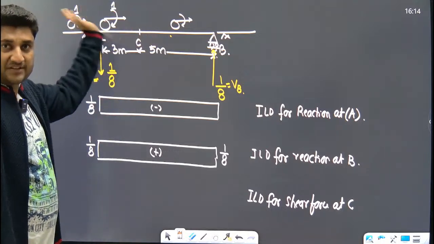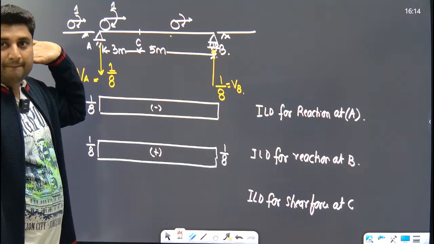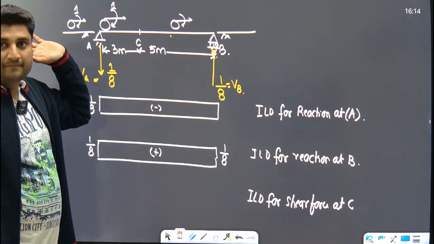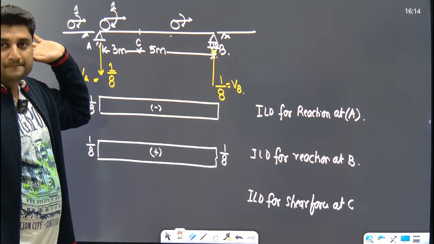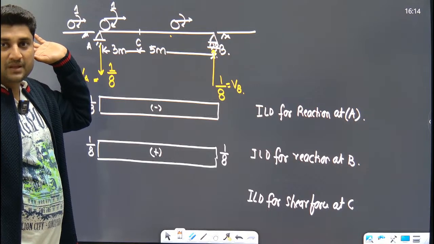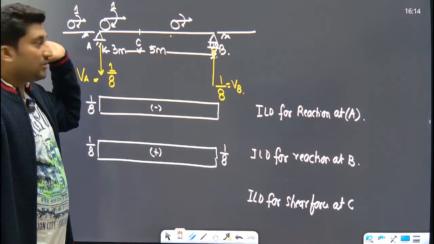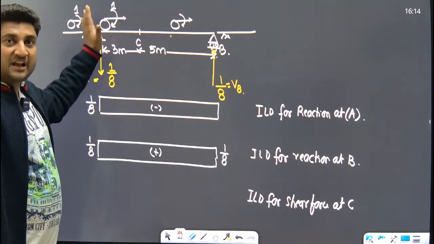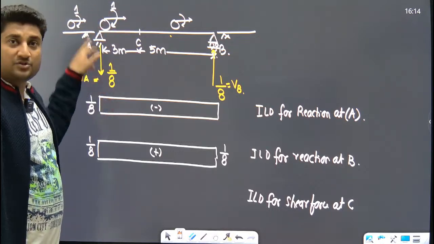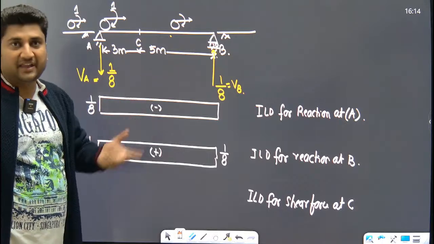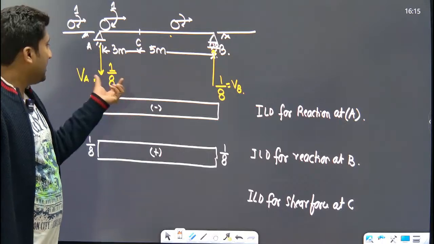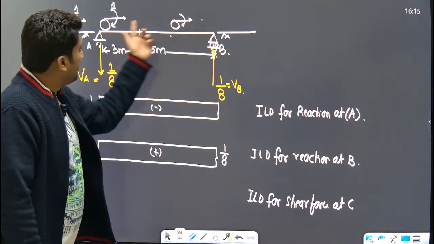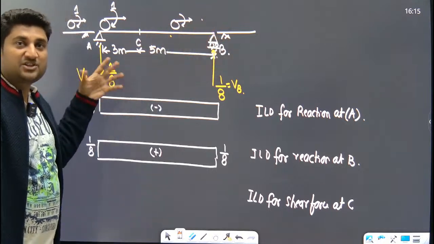Stand at C, look towards the left hand side. Yes or no? On the left hand side, if there is a downward force, this is treated as negative shear force. How much is the value? 1 upon 8. And whatsoever be the position of this unit moment, this reaction will not change.